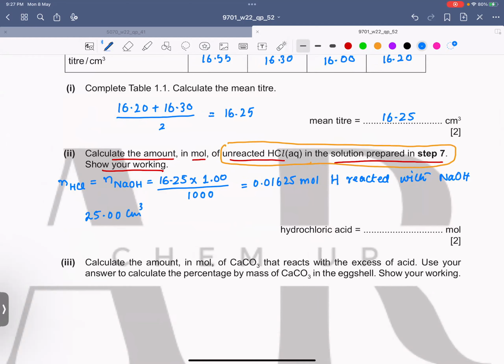So 25 centimeter cube has 0.01625 moles of HCl that is unreacted after the reaction with eggshell, and in 250 centimeter cube, these moles could be X. So X would be equal to 250 into 0.01625 divided by 25.